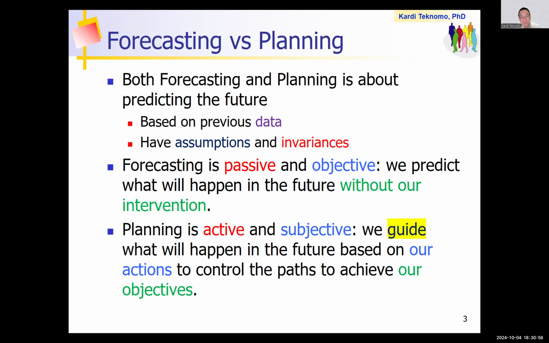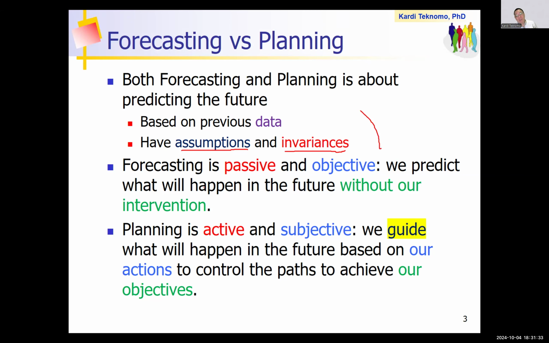We base it on science. In any prediction, we base it on previous data, and we always have certain assumptions, and there is certain invariance. Invariance means something that doesn't change. There is something that we assume doesn't change. Without these two, we cannot predict.